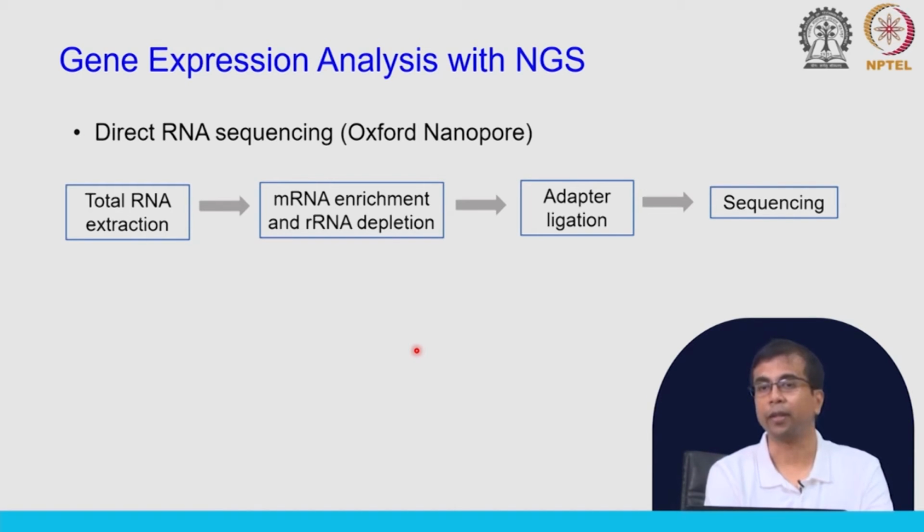Any amplification will have some bias. It will amplify certain fragments much better than others because of their sequence preferences, GC content, etc. So, all those factors come into play, and that is why having fewer steps without amplification is very good for our analysis.